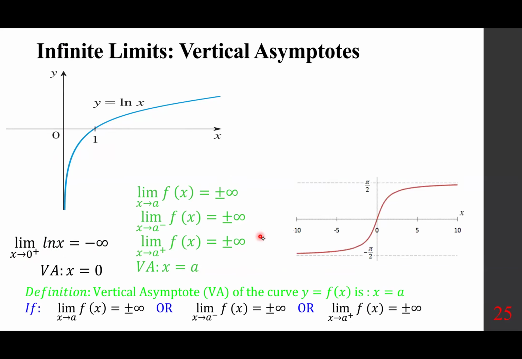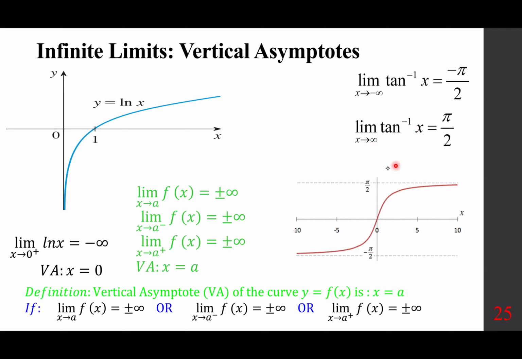In this case, we are dealing with tan inverse. The limit of tan inverse of x as x approaches minus infinity is minus pi over 2, and the limit of tan inverse of x as x approaches infinity is pi over 2.